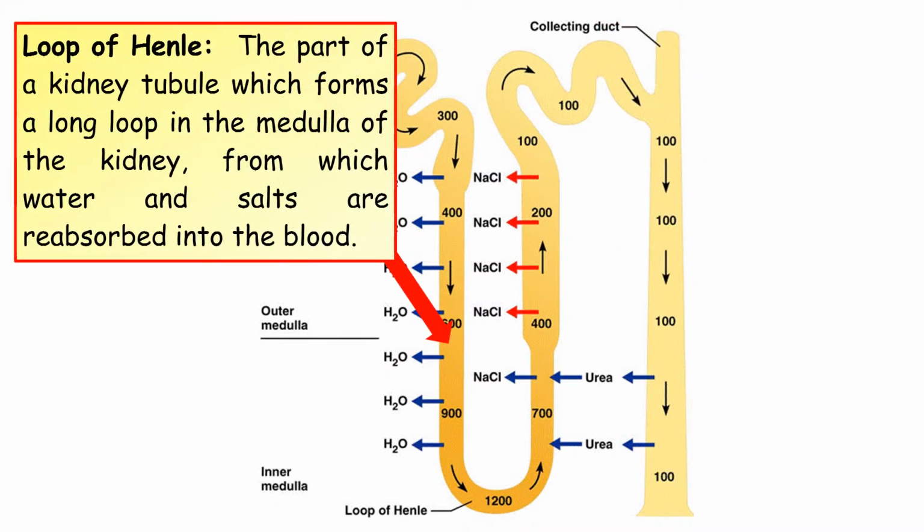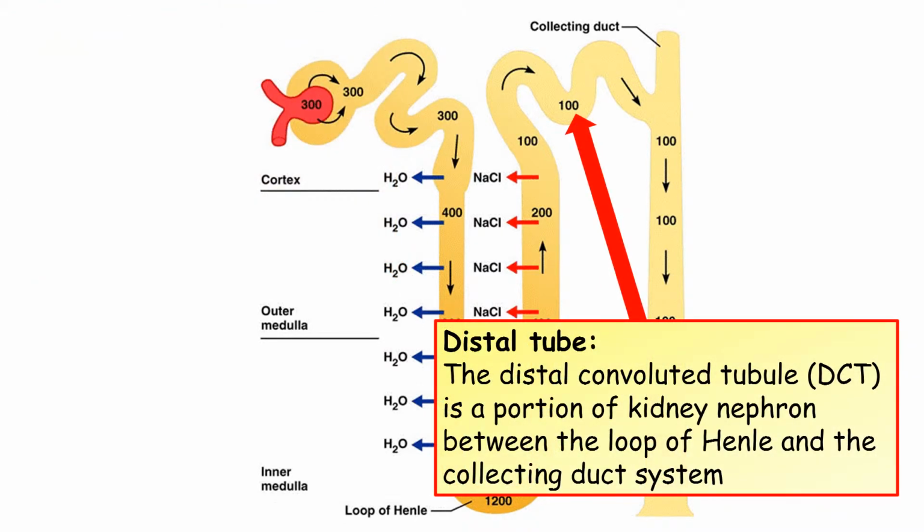The loop of Henle is the part of a kidney tubule that forms a long loop into the medulla, from which water and salts are reabsorbed into the blood. You have the distal tube, or the distal convoluted tubule. This is a portion of the kidney between the loop of Henle and the collecting duct.